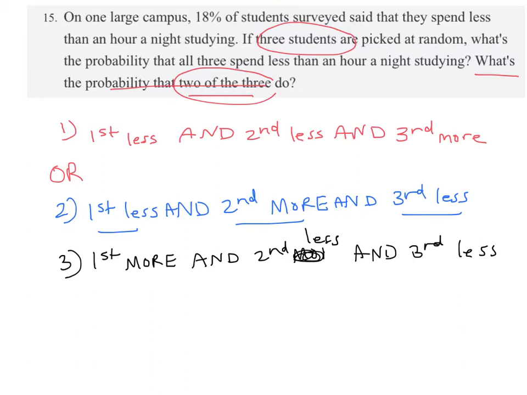Okay, so this is probability that 2 of the 3 spend less than an hour studying. So still have 2 of the 3 spend less than an hour studying, but this is the new event because in this case the first person spends more than an hour studying. Okay, and this is an or situation as well.